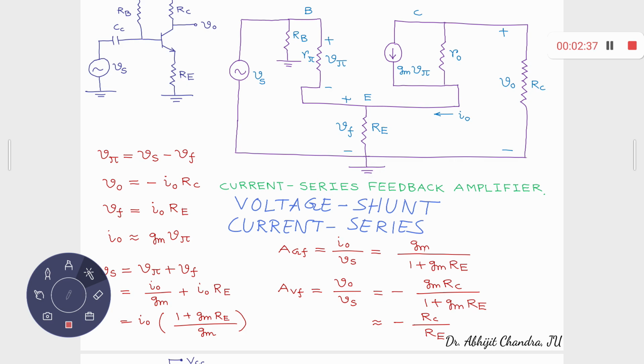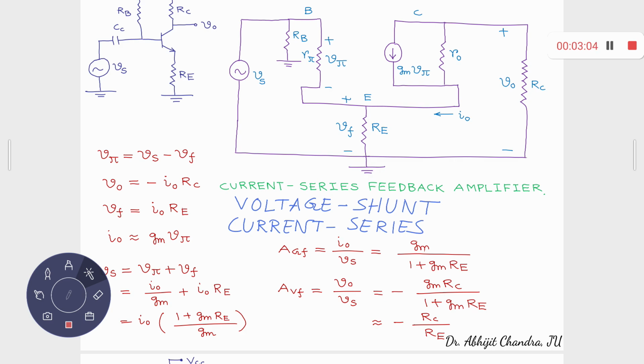We have discussed how to sample current. We have learned how to mix in shunt path, how to mix as a current, and how to mix it in series path. That means how to mix as a voltage. So what is left? Left is this voltage series and current shunt. But unfortunately, that cannot be designed using single stage.